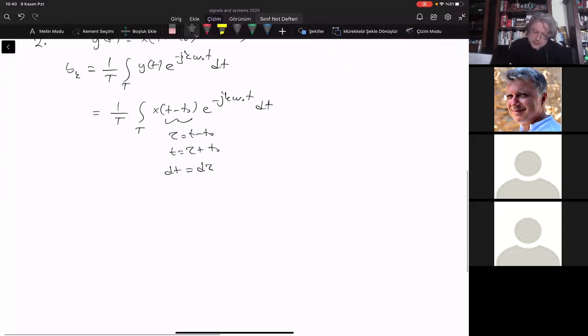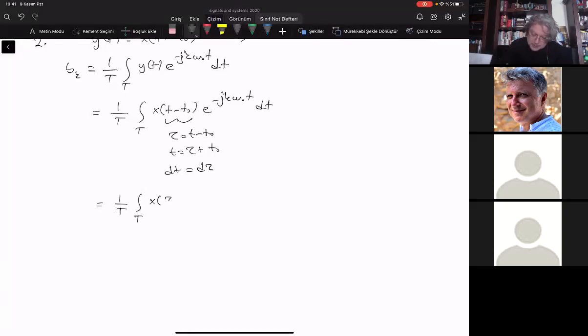With these substitutions, that would be 1 over capital T. Now this integral, I'm still writing it within one period, but actually it is a shifted version of the same period, but the shifts don't matter. It's going to give you the same result. In fact, you can choose any kind of a period shift. Therefore, it's the same integral with similar limits, or even the same limit.